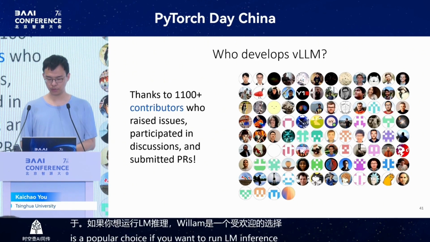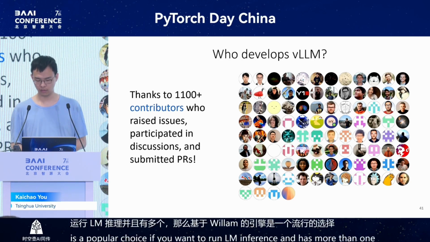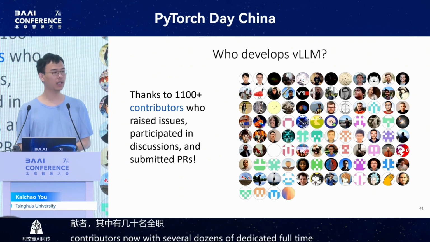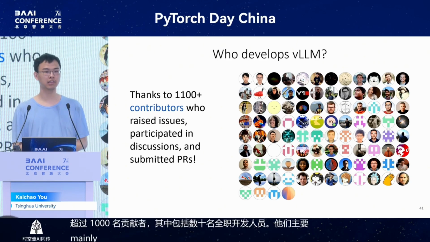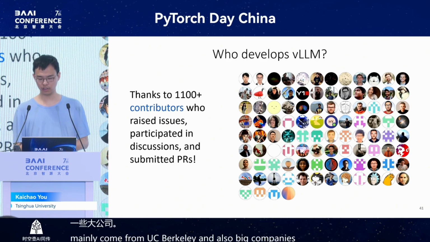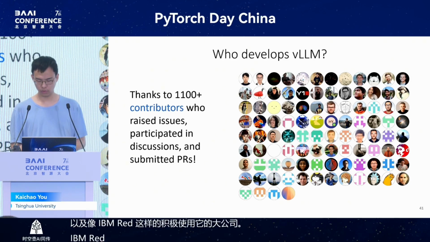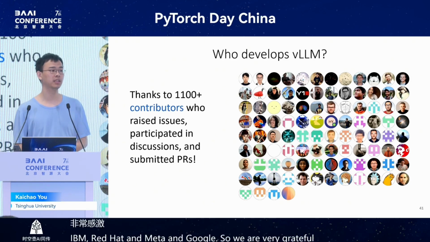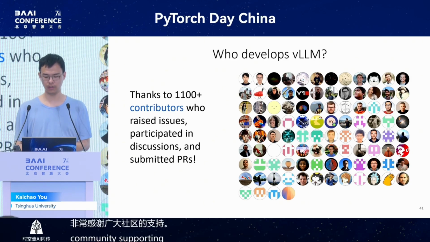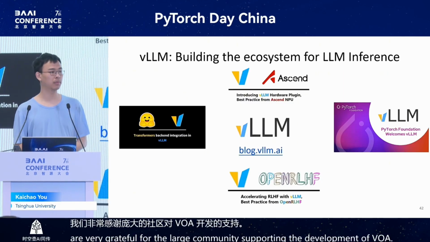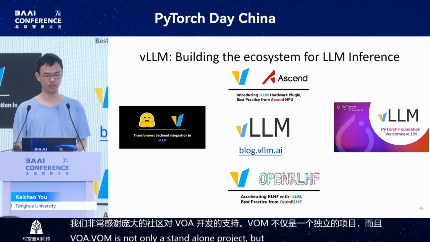vLLM has more than 1,000 contributors now, with several dozen dedicated full-time developers. They mainly come from UC Berkeley and also big companies who actively use vLLM, like IBM, Red Hat, Meta, and Google. So we are very grateful for the large community supporting the development of vLLM. vLLM is not only a standalone project, but is also building the ecosystem for LLM inference.